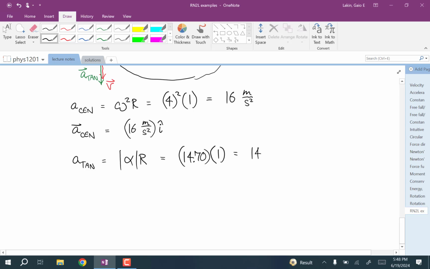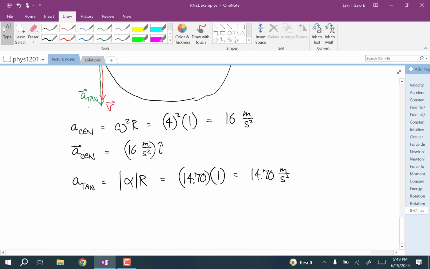And so this is 14.70 meters per second squared. It's in the negative j direction. And so we get negative 14.70 meters per second squared j.